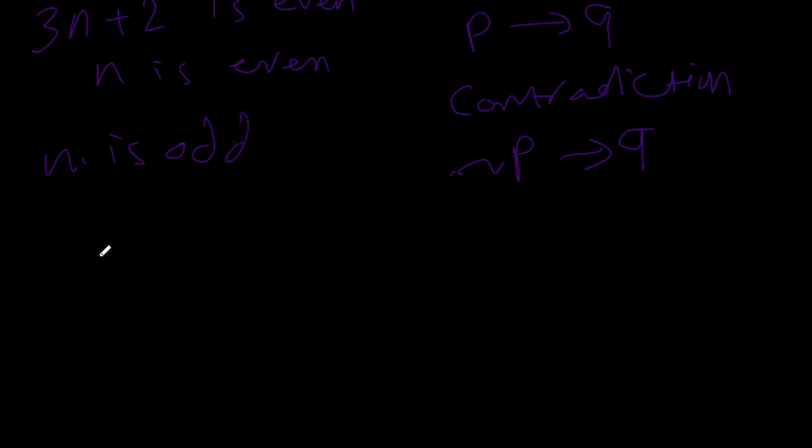So we take n as odd, in this case n equals 2k plus 1, so n plus 2 equals 2k plus 1 plus 2, which equals 6k plus 3 plus 2 plus 2, and this is basically equal to 6k plus 5.